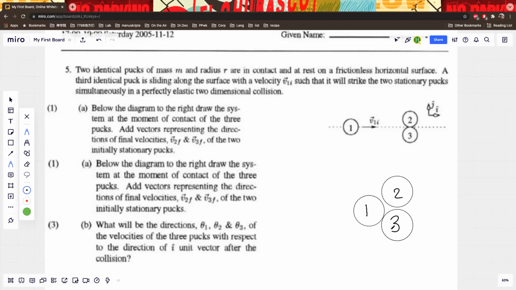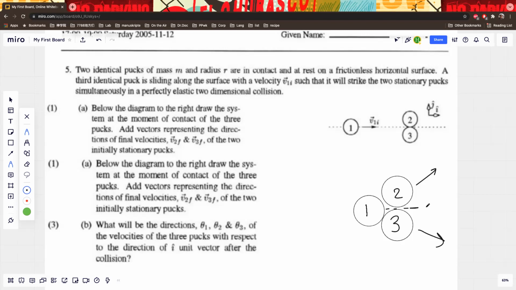They didn't even do that in the solutions, but we can do that. So below the diagram, add vectors representing the final velocities. So probably one of them will go somewhere and the other one will go somewhere.